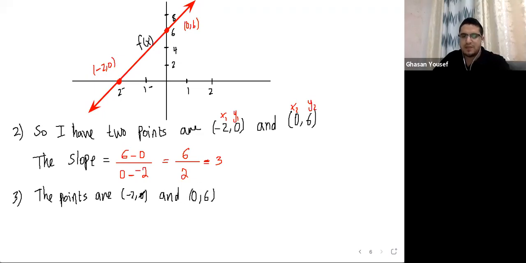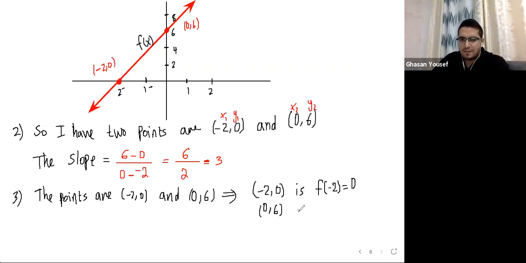The point -2, 0 means f of -2 equals 0. And the second point, 0, 6, means f of 0 equals 6.